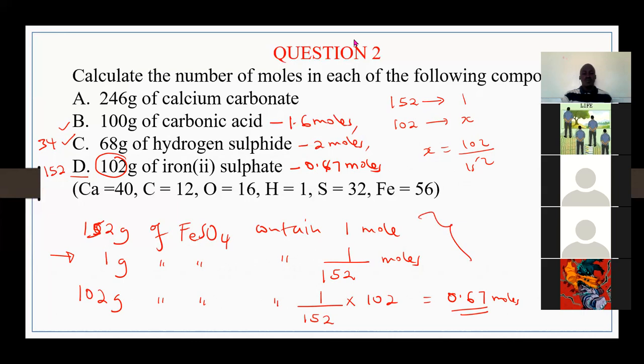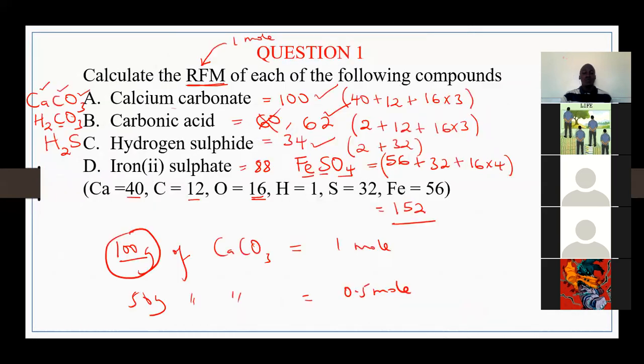How do you get 152 grams? Someone's asking how you get 152 grams. The 152 grams from question 1 was the RFM of iron-2 sulfate. This was the formula, and when we calculated the total mass of all the elements present, we got 152.